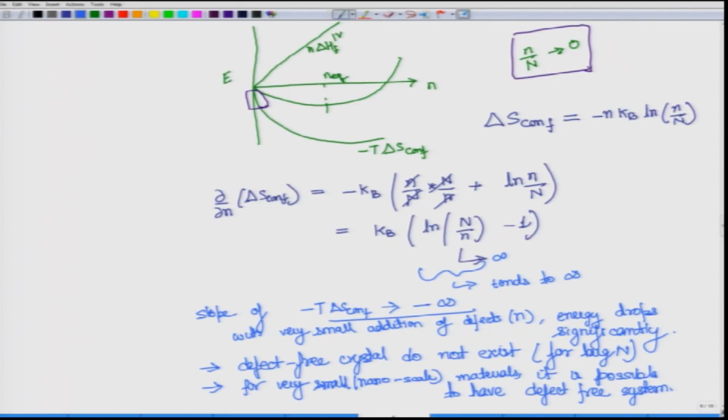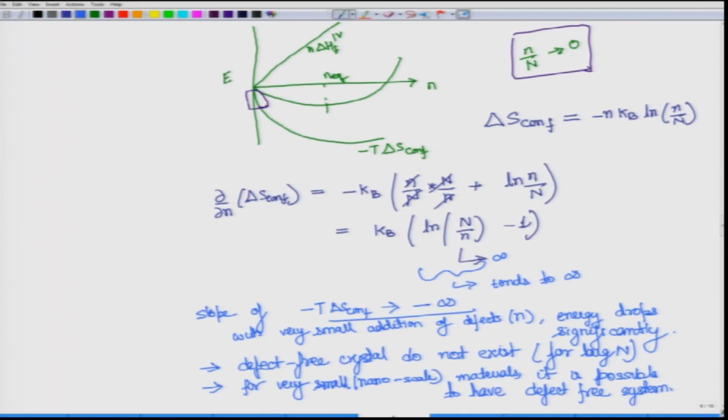Okay. So, the first implication and the second one are kind of inverse of each other, but they are coming from the same equation that we derived, that when your small n by uppercase N tends to 0, that is this small region over here.